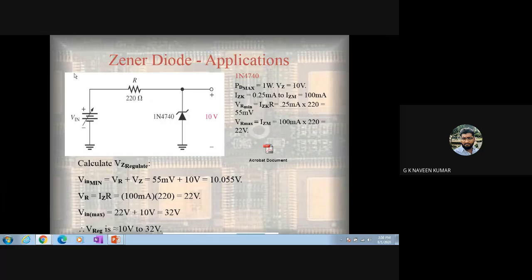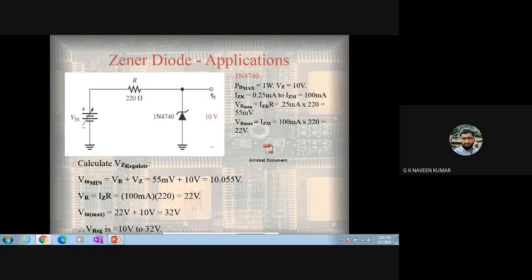That is 0.25 milliampere times 220 ohms, which gives 55 millivolts. This is the minimum drop across the 220 ohm resistor.